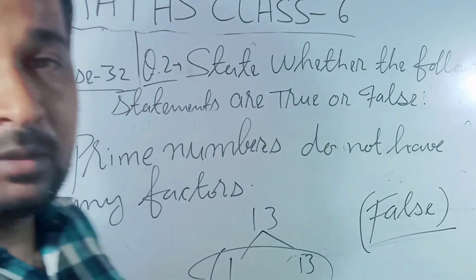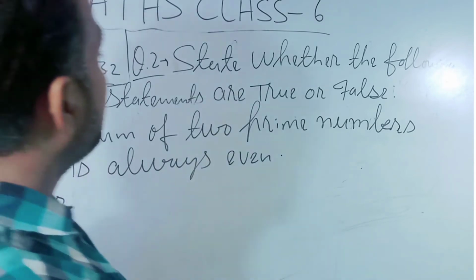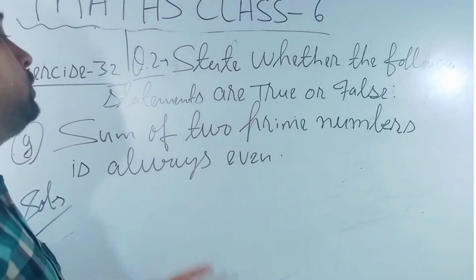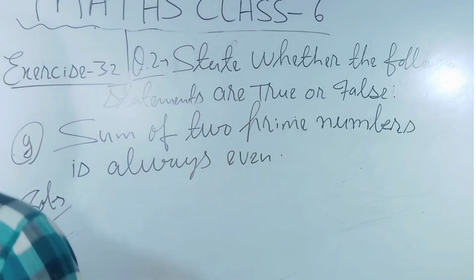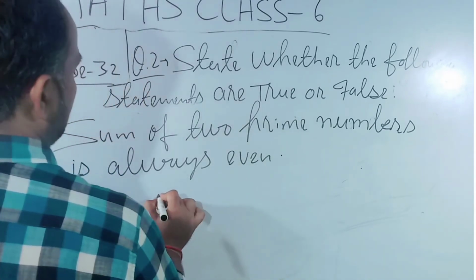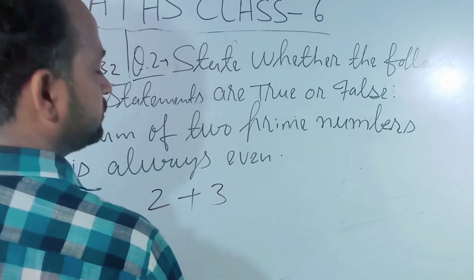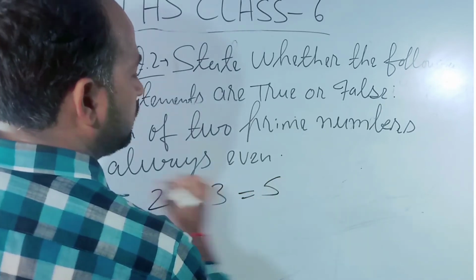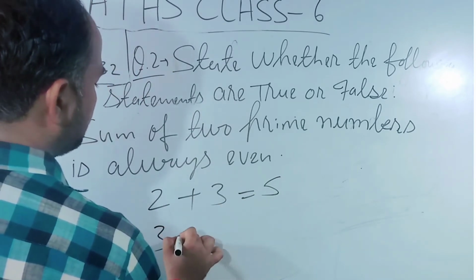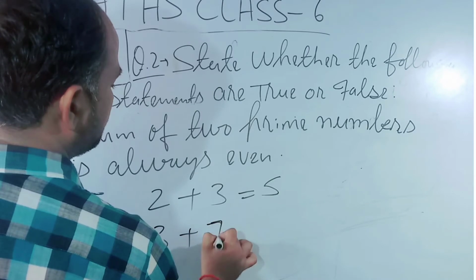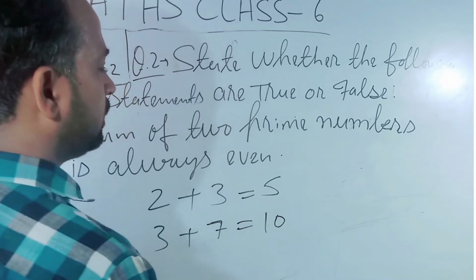Now let's solve another statement. Part G of question number 2: the sum of two prime numbers is always even. Let's see. Two prime numbers give an odd sum, so that's wrong. Now let's take another one, which gives an even sum.